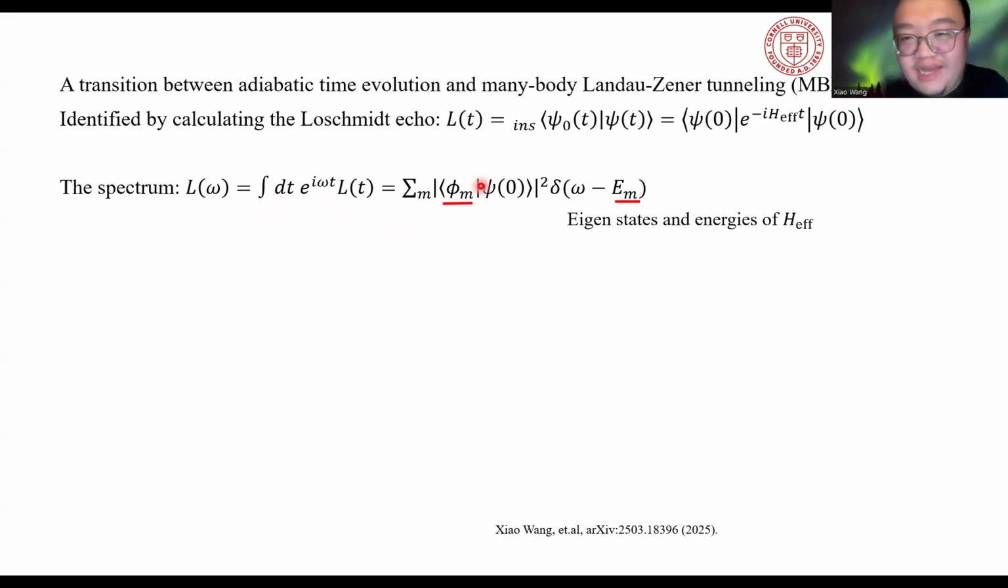So the task changes from detecting the many-body Landau-Zener tunneling process to counting how many delta functions exist in this Loschmidt echo spectrum.